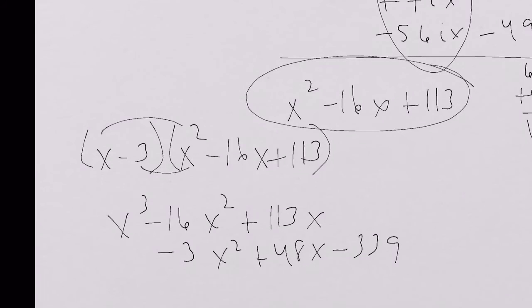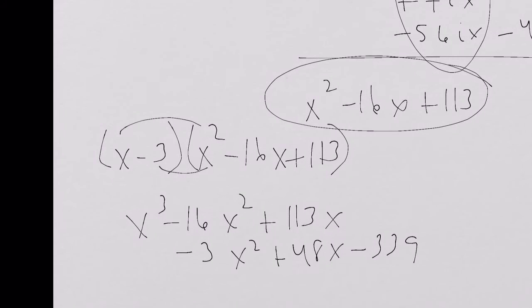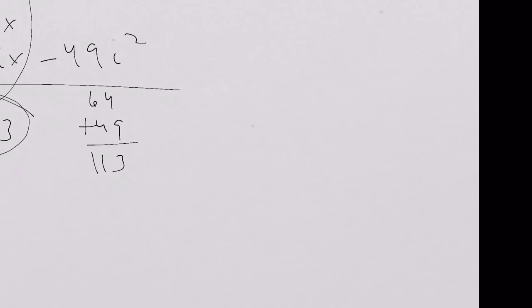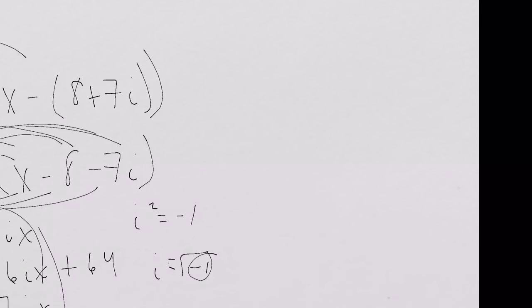The other one that I wanted to look at was one of the very last ones. It said write the polynomial as the product of linear factors. And they gave us this function of x to the fourth minus 81.